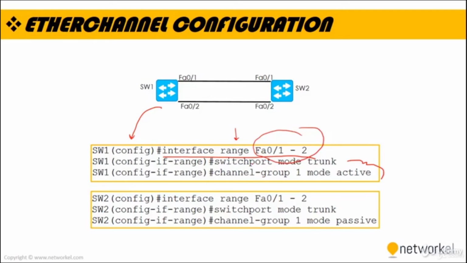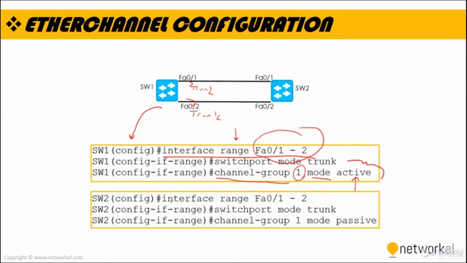I'm configuring the switchport mode as trunk. Then I'm choosing the channel mode, for example, the channel group number and the mode will be active for this switch.